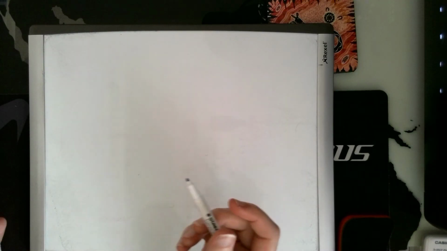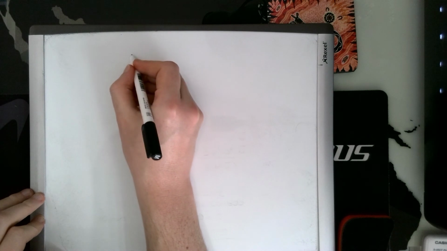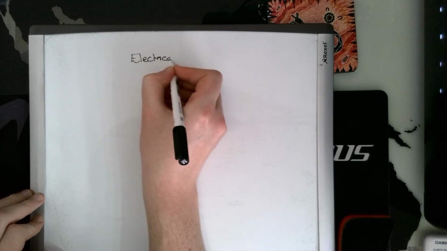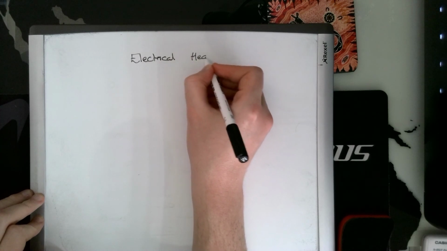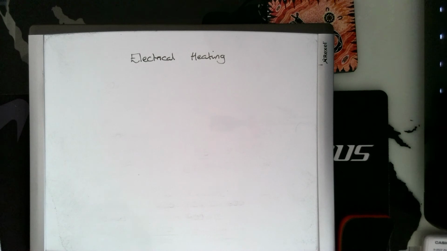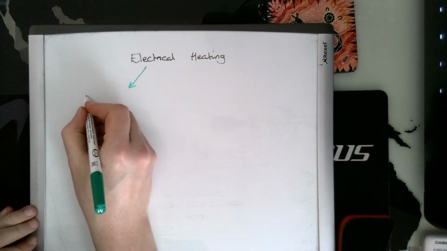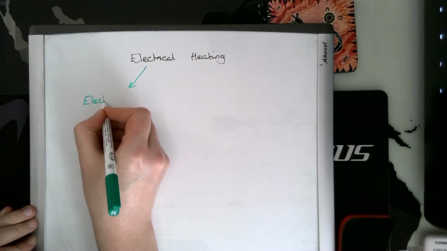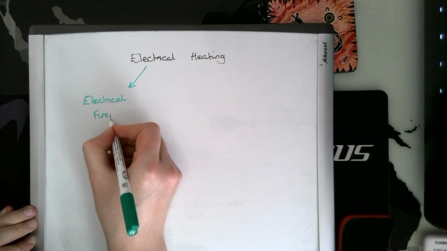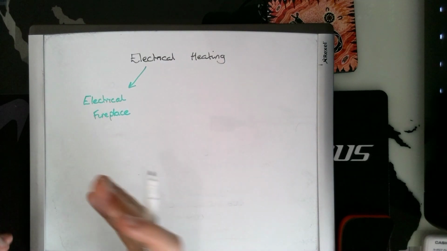The last thing we need to talk about in this lesson is what the advantages and disadvantages are of electrical heating. So where might we find electrical heating as an advantage? Well, one advantage of electrical heating is in an electrical fire or fireplace, or a heater, where we want to heat up a room or an object.